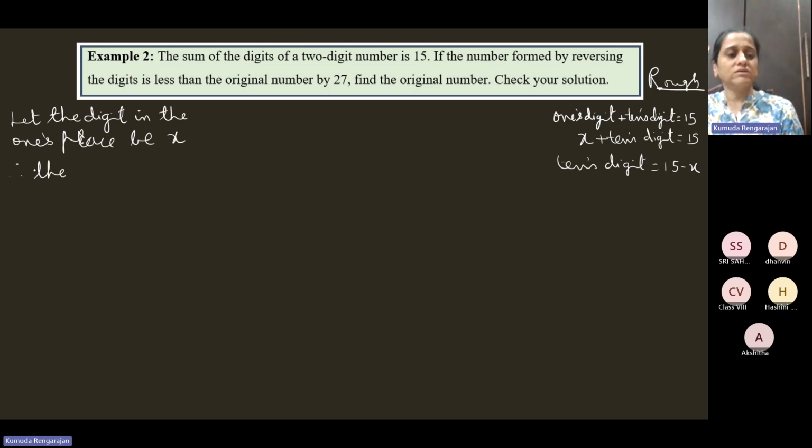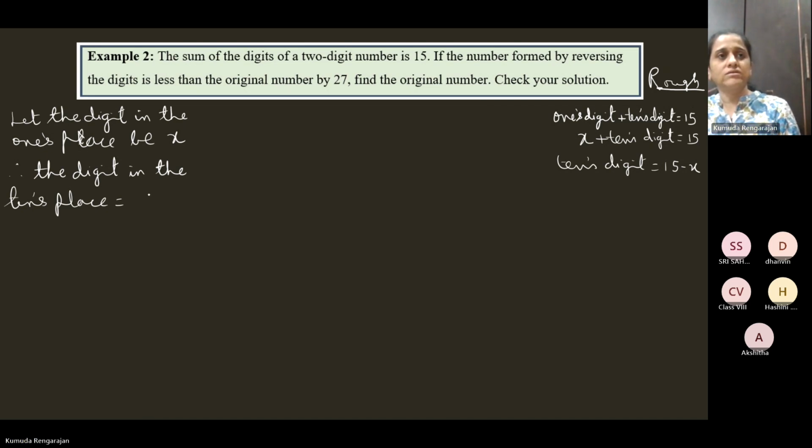Therefore, the digit in the tens place is 15 minus x. So it's like this. In the ones place, we have x. In the tens place, we have 15 minus x.